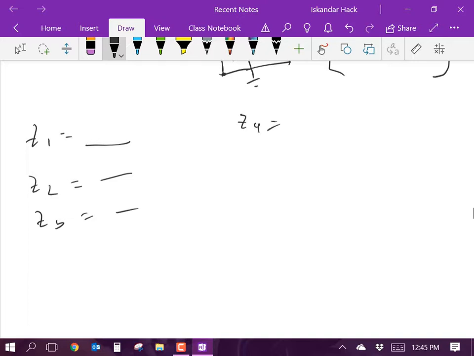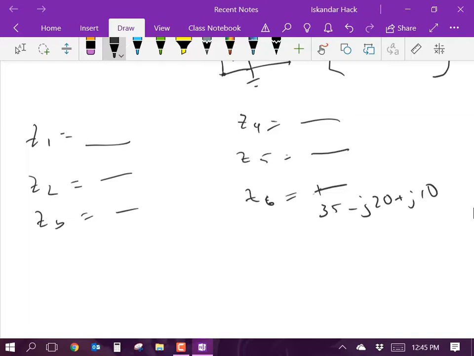Z4 is equal to something, Z5 is equal to something, and Z6 is equal to something. And this could be something like 35 minus j20 plus j10, for example, if those are the three elements in that loop right there.